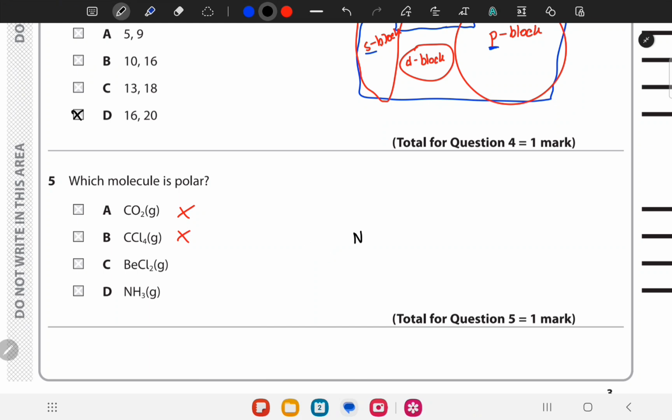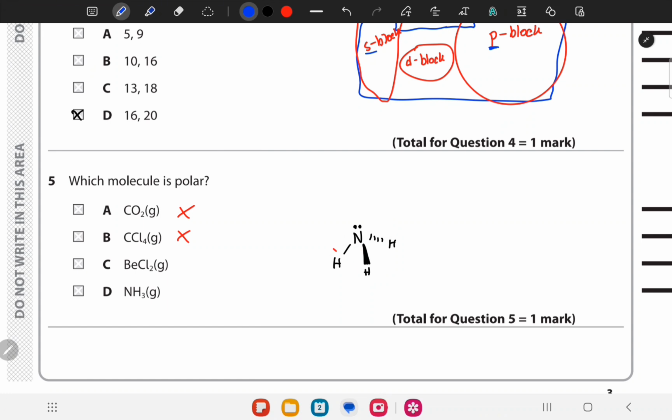Now for NH3, NH3 has a lone pair, so there's a lone pair over here. So the dipole moments cannot cancel out, since there is no dipole moment over here to cancel everything out, so there will be a resultant dipole moment.